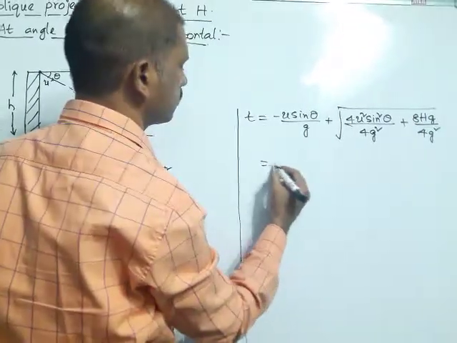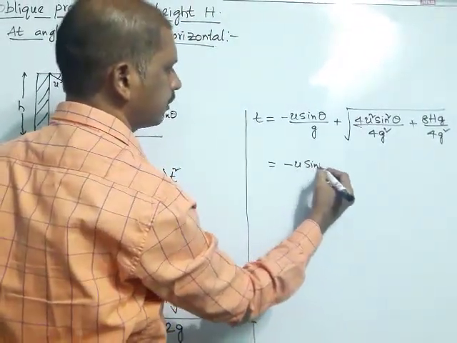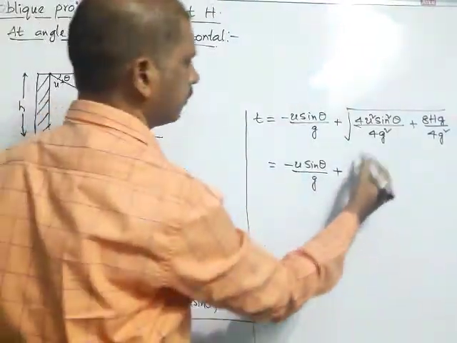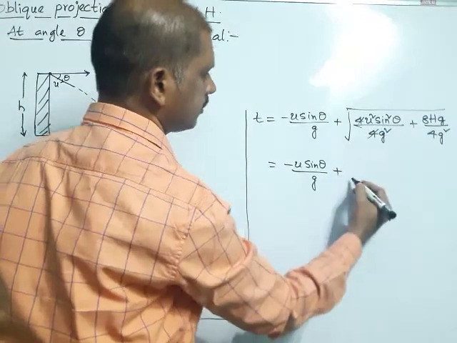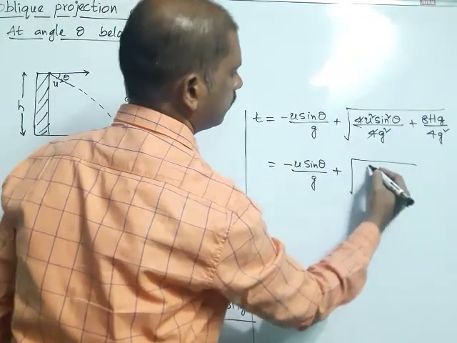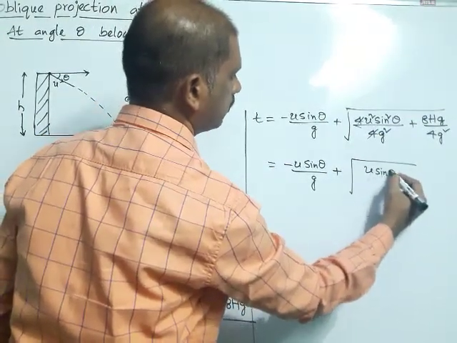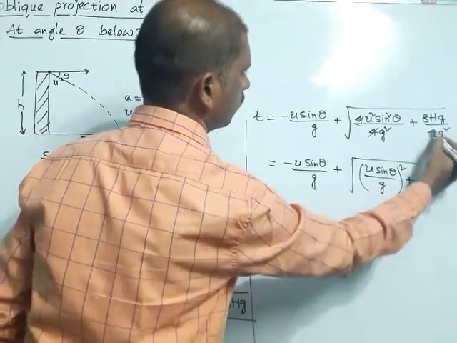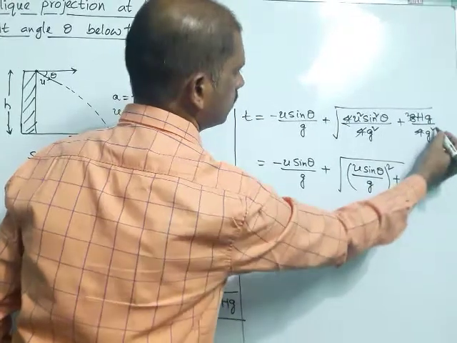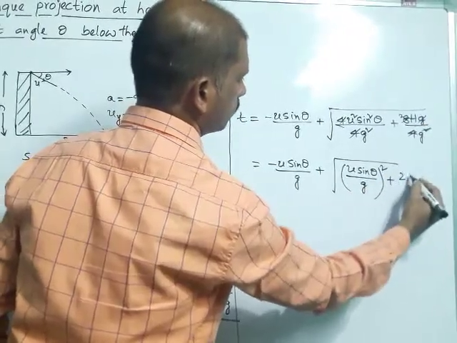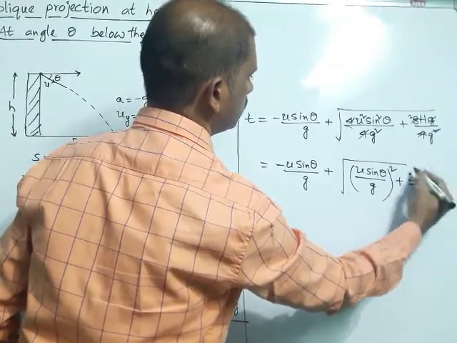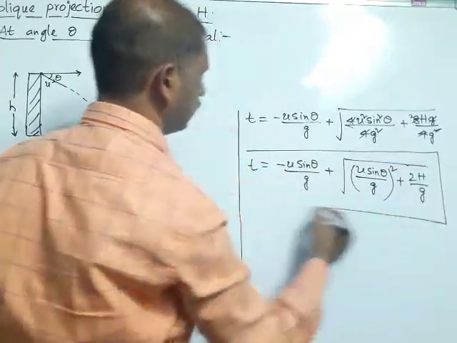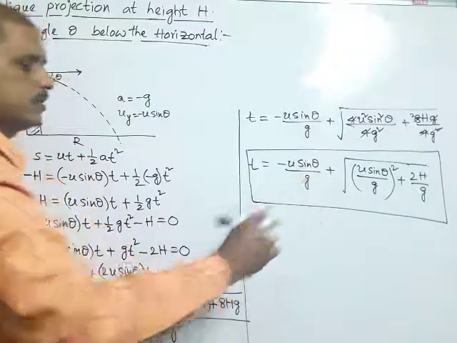So this is minus u sine theta by g plus square root of, this 4 can be cancelled, u sine theta by g whole square you can write, plus here 4 ones 4, 2s you can cancel, 1 g cancels, so 2h by g is that. So this is the time period for the projectile to reach the ground.